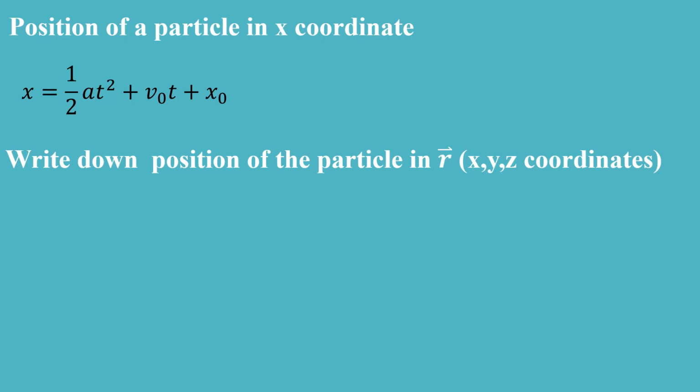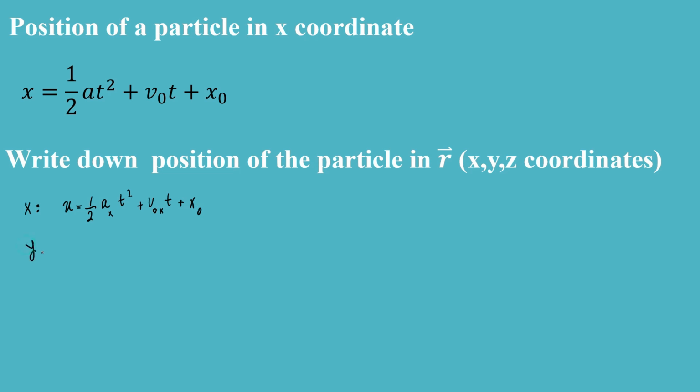So let's say I have three coordinates, x, y, and z. Let's write it down in the x direction. So x is going to be half of a, so I have the acceleration in the x coordinate, so I'm going to label it as a_x, t squared, plus v naught x t, because my initial velocity in x might be different, and then I have x naught as an initial displacement, initial position.